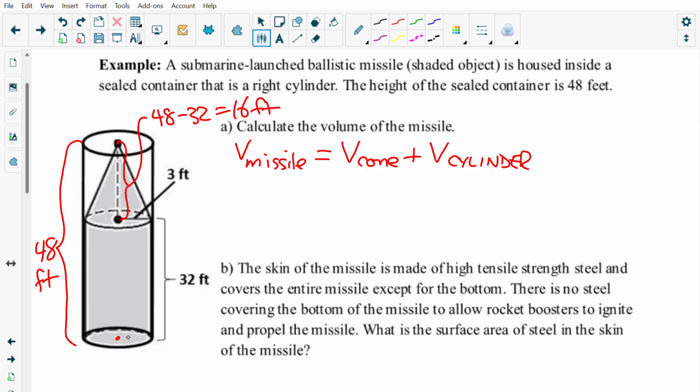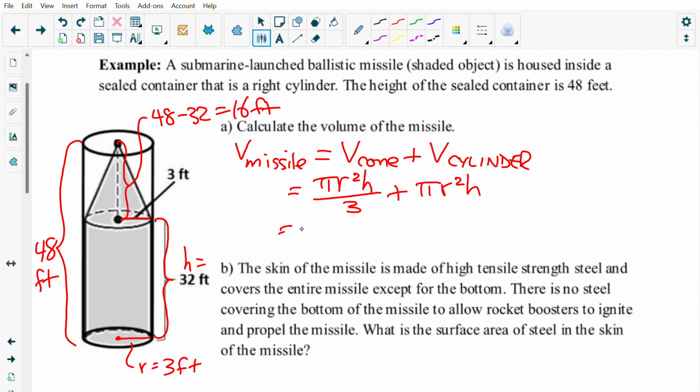How about the cylinder? Because the cone is stacked, the radius of the cylinder here is also 3 feet. And I have the height of my cylinder right here. So I have everything I need. The volume of the missile equals the volume of the cone, which is pi r squared h divided by 3, plus the volume of the cylinder, which is pi r squared h.